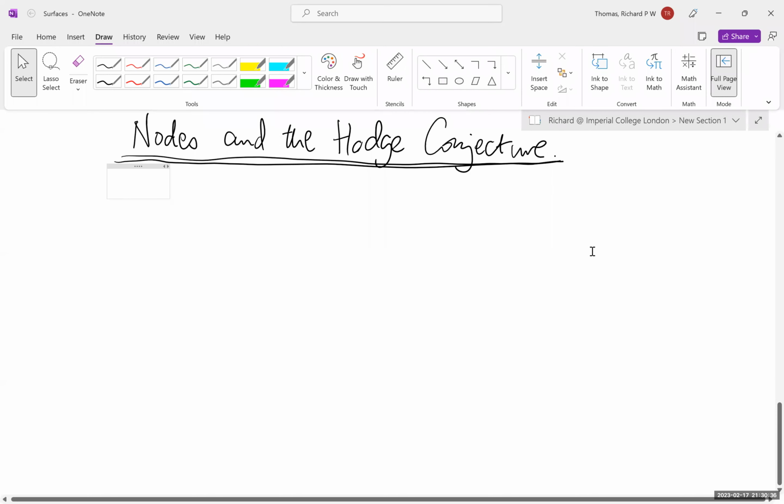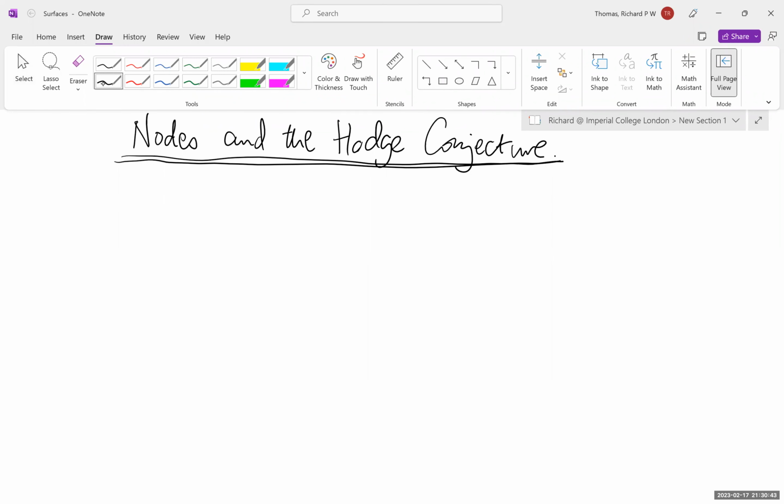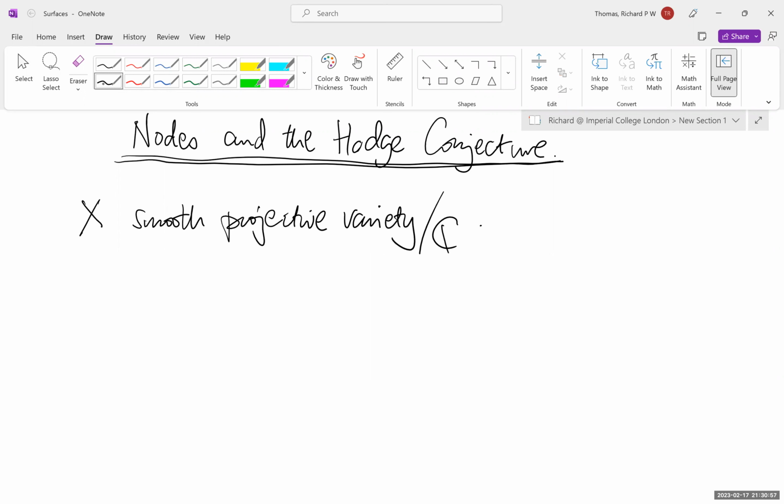Okay. So I guess you probably all know the Hodge conjecture, but I state it anyway. Throughout, X will be a smooth projective variety over the complex numbers, and I'll denote its dimension as a differential geometer would by putting a d there.